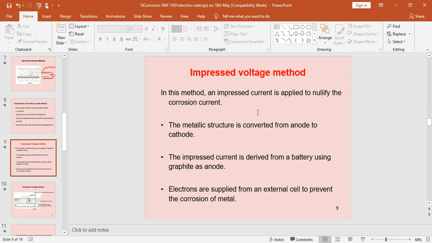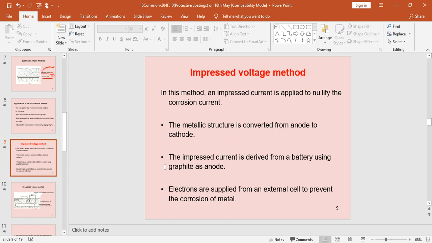So if you apply an impressed current, we can nullify the corrosion current. This is the major important property of the impressed voltage method: the metallic structure is converted from anode to cathode.